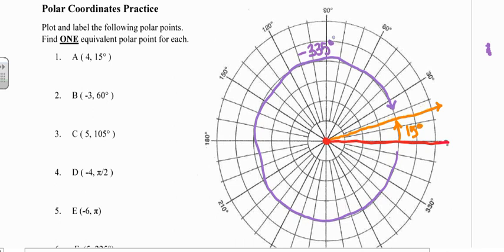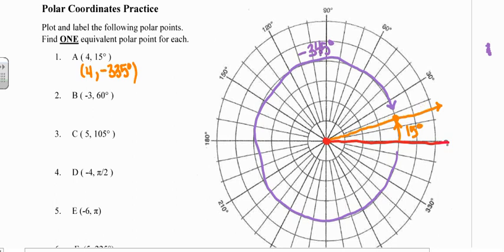So whereas one way to name that point would be with radius 4 and degree measure 15, a second way to name that point would be with the same radius of 4, but with its coterminal angle moving in a clockwise direction of -300. I guess it's 345. Can't talk and do math at the same time.